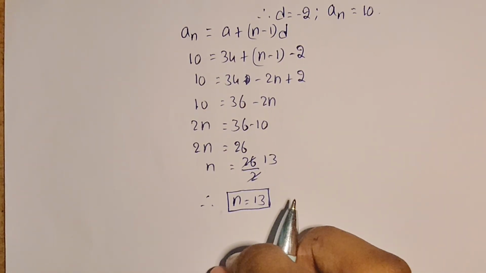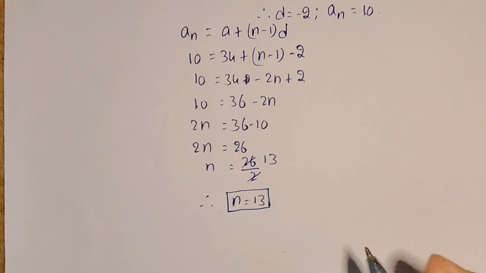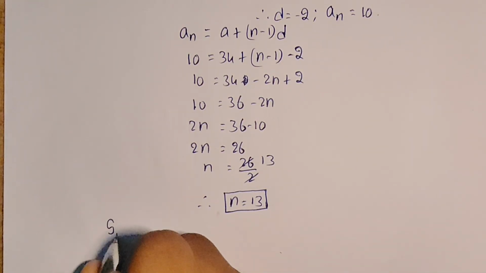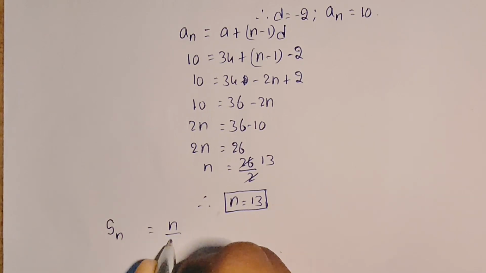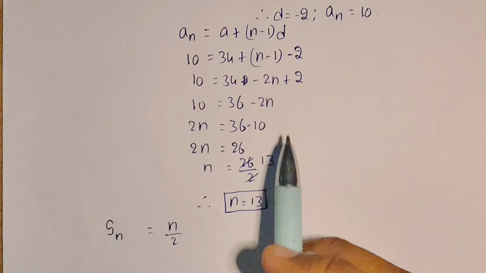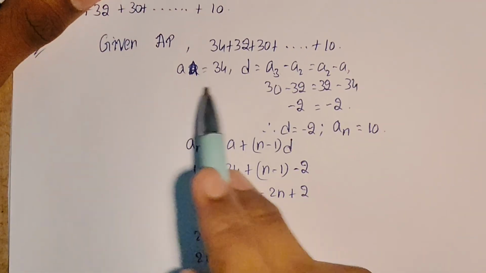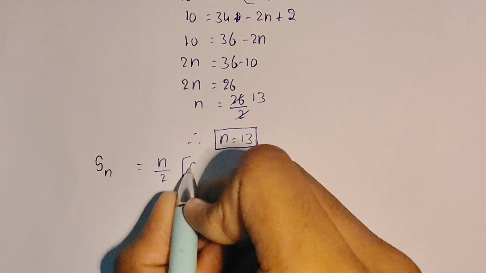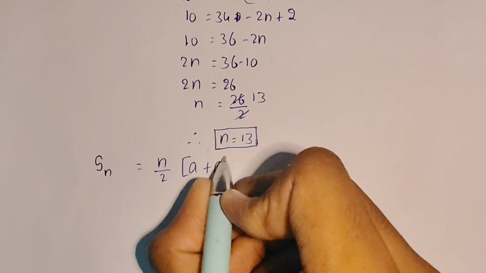So now we got the value of n. Now let us find the value of S base n. The formula is n by 2 into a plus a base n, as we already know the value of a and a base n.